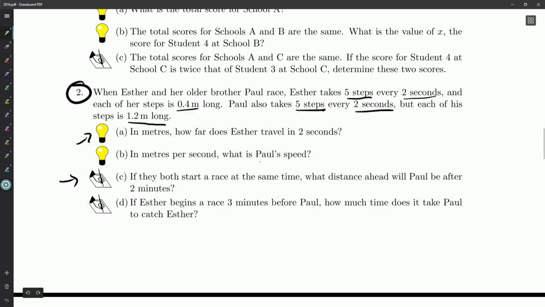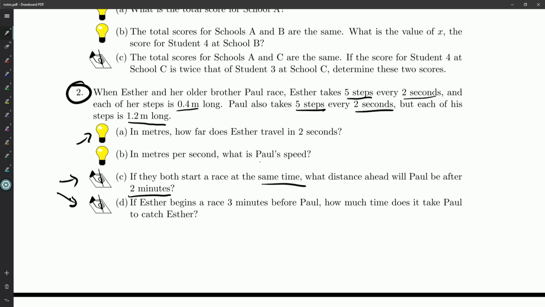Now we've got our 2 written questions here, so we're going to have to justify, maybe use complete sentences, that sort of a thing. C. If they both start a race at the same time, what distance ahead will Paul be after 2 minutes? So everything's been in seconds so far. We might want to convert 2 minutes into seconds.